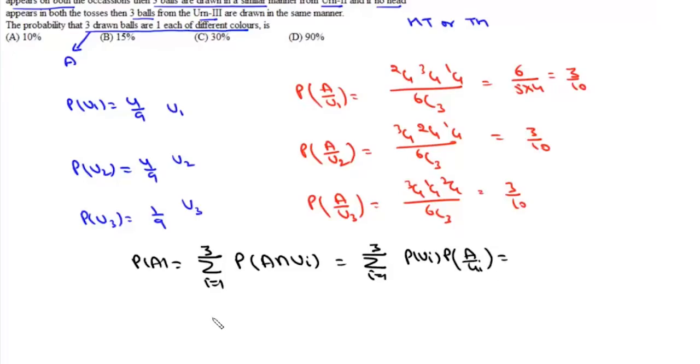Now this is 4 by 9 into 3 by 10 plus 4 by 9 into 3 by 10 plus 1 by 9 into 3 by 10, which is nothing but 3 by 10. And this is 30%. That means your option C is correct.